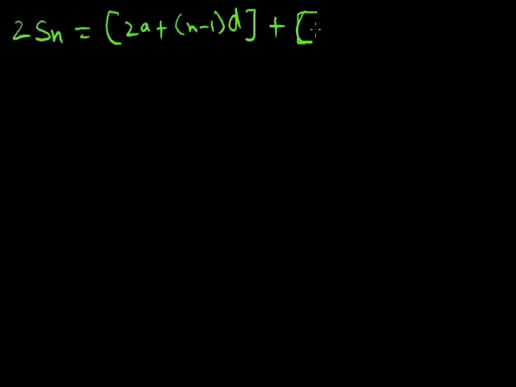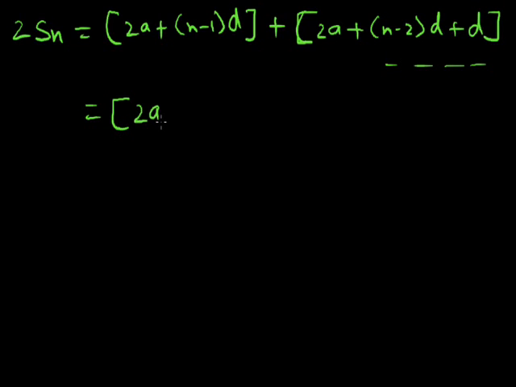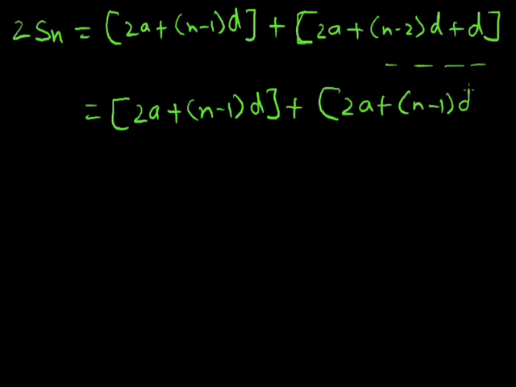So finally, what we will get is twice of Sn is equal to 2a plus (n minus 1) into d, plus, as we have added the second part of the first and second equation, what we got is 2a plus (n minus 2) into d plus d. So in the same way we have to do up to the end. So after solving it, what we'll get is 2a plus (n minus 1) d plus 2a plus (n minus 2) into d plus d, which becomes (n minus 1) into d.